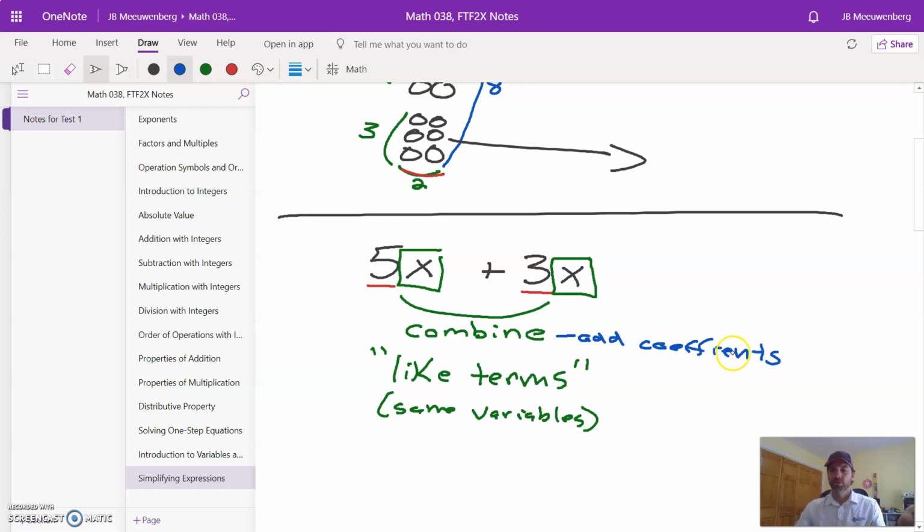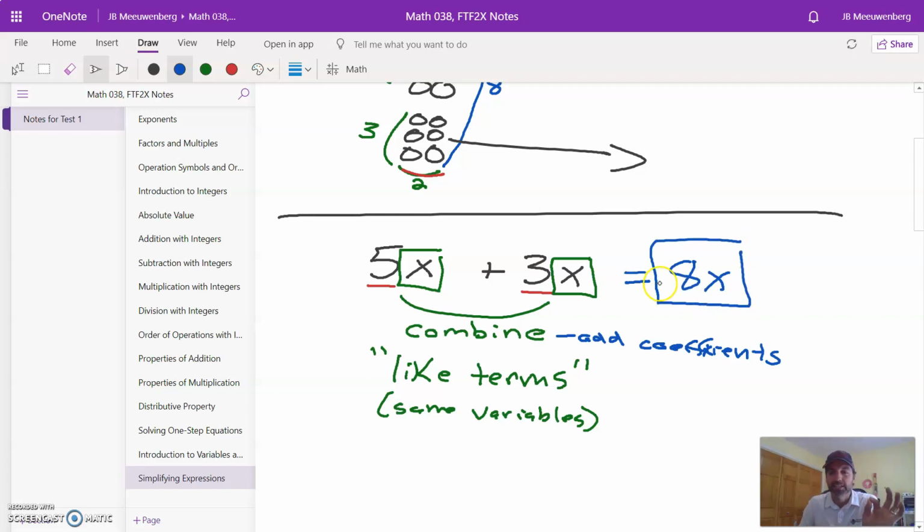Coefficients. I spelled that wrong. Coefficients. There, that'll work. So 5x plus 3x would equal 8x. That's the simpler way to write it.